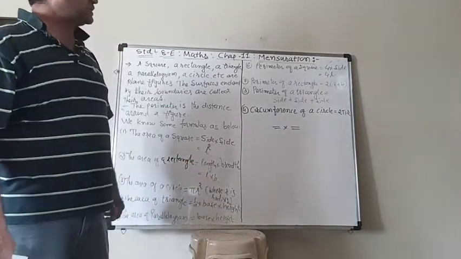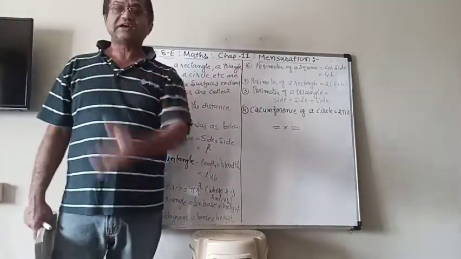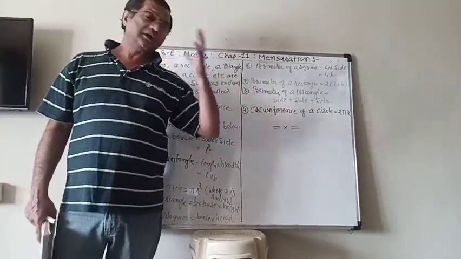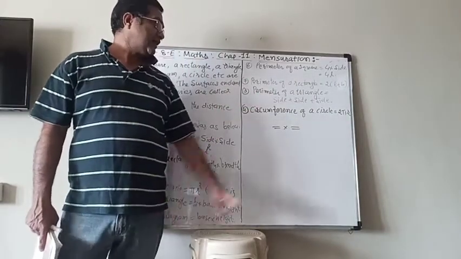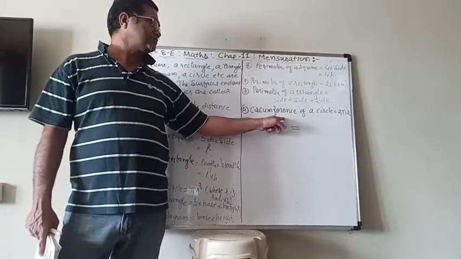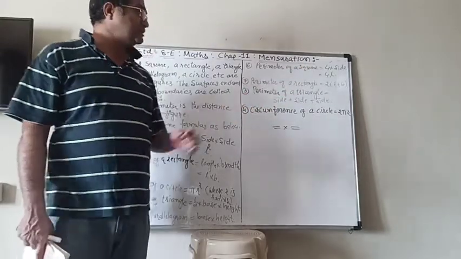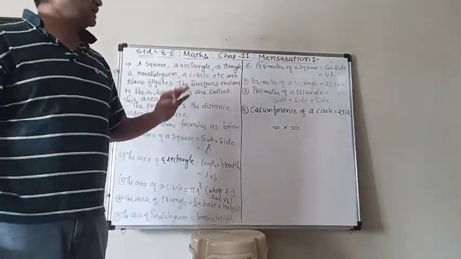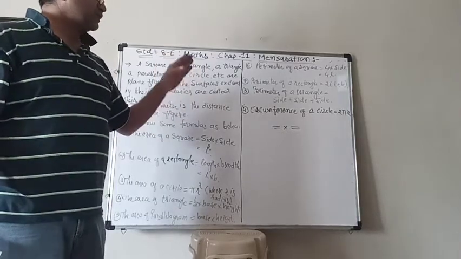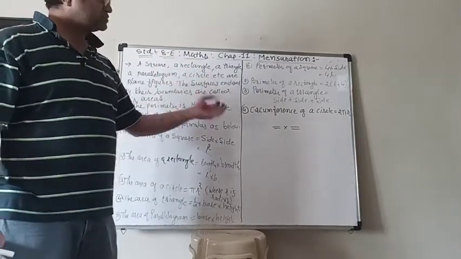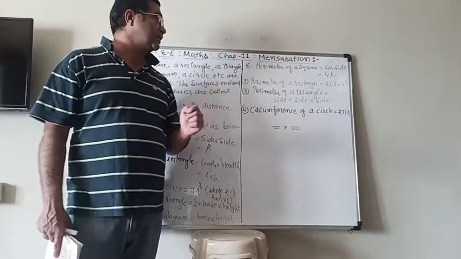And the circumference of a circle, a circle's perimeter is known as the circumference, and the formula of the circumference is equal to 2 pi multiplied by r, means 2 pi r. That is the formula to find the perimeter or circumference of a circle.